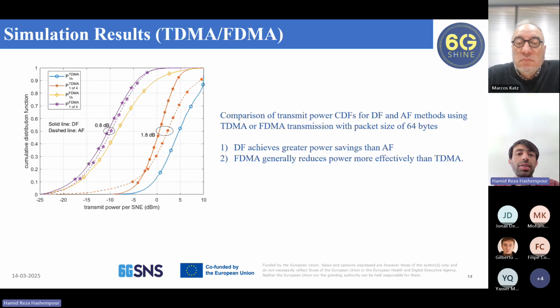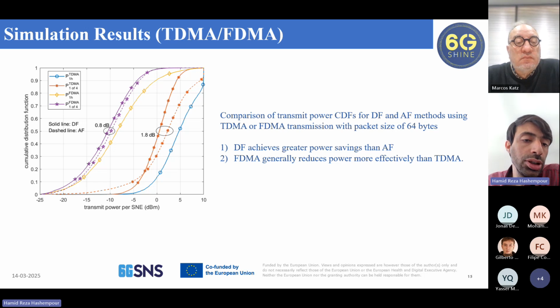In the second simulation, we want to compare the TDMA and FDMA approaches for both AF and DF relaying. The takeaway from this simulation is that when we adopt DF, we achieve greater power saving.